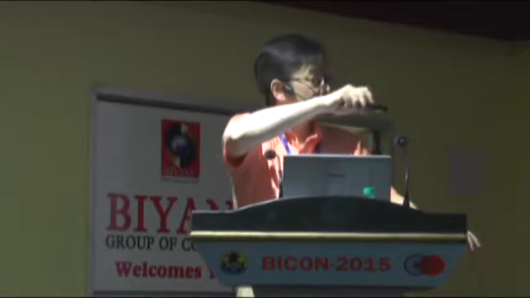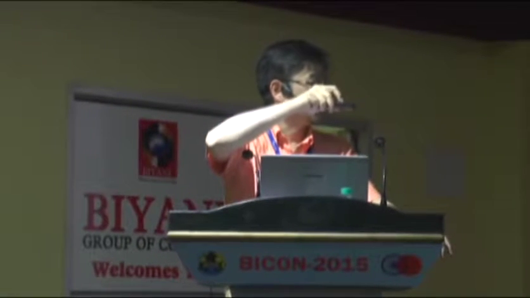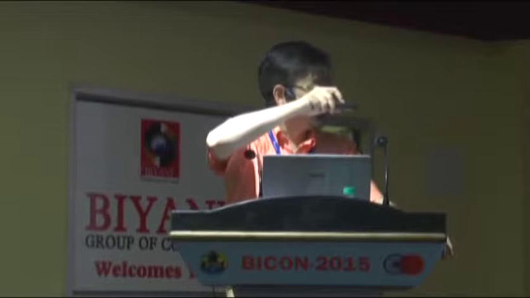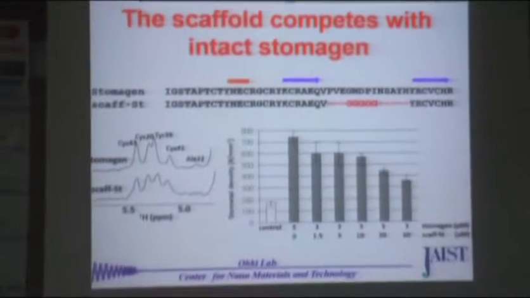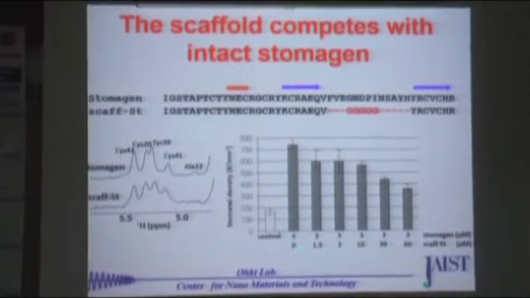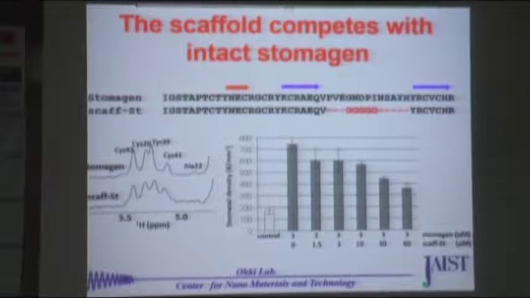And here is the result of the overdose experiment. In all experiments, we use 3 micromolar stomagen, but the scaffold concentration is increasing. With increasing scaffold concentration, we see decreasing stomatal density.